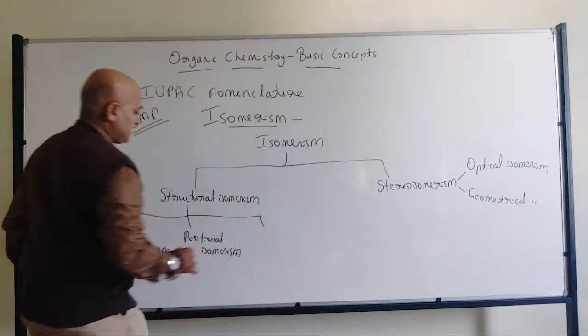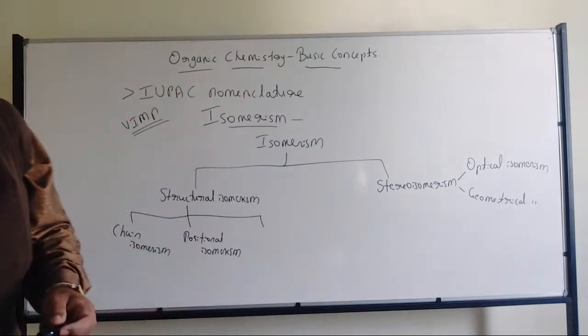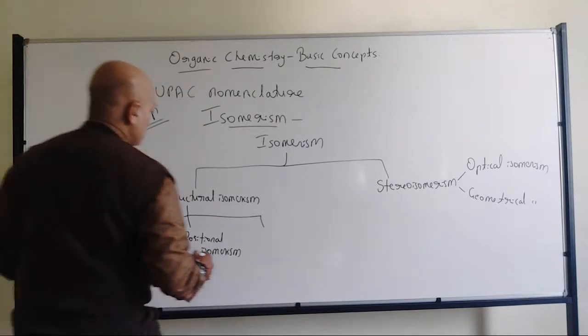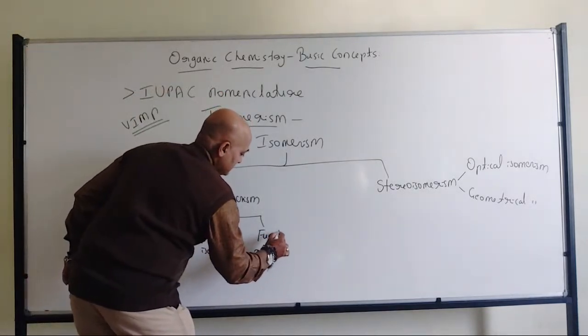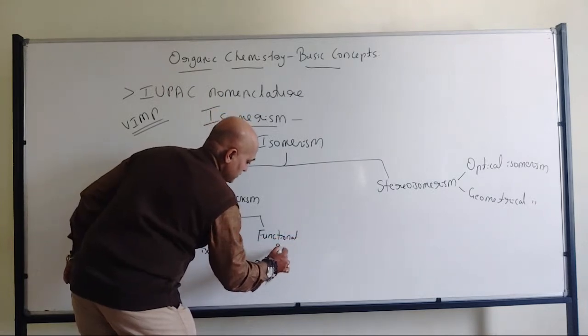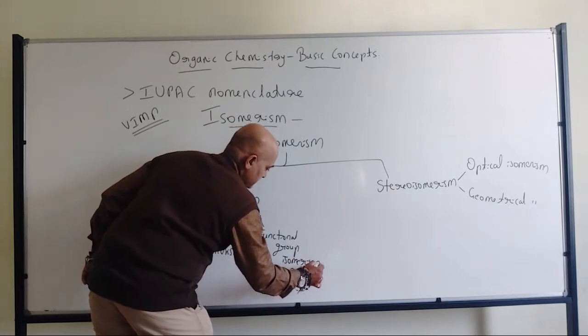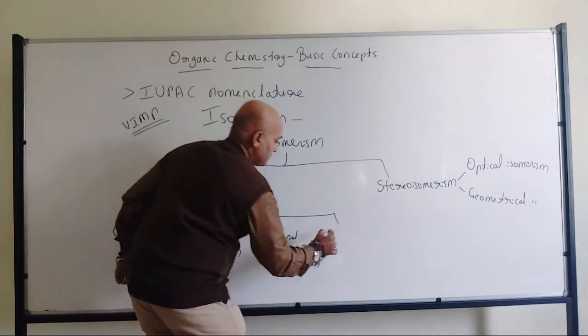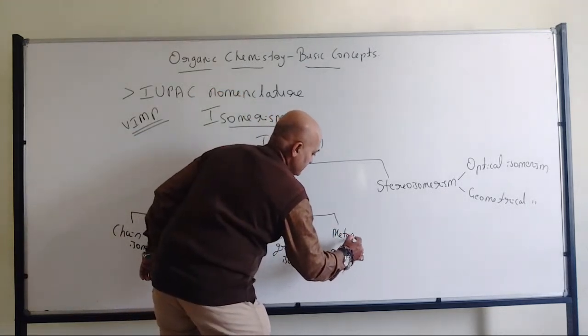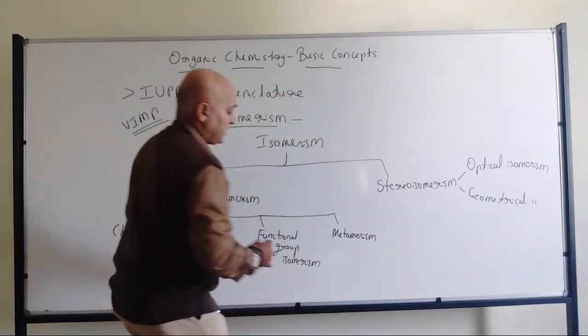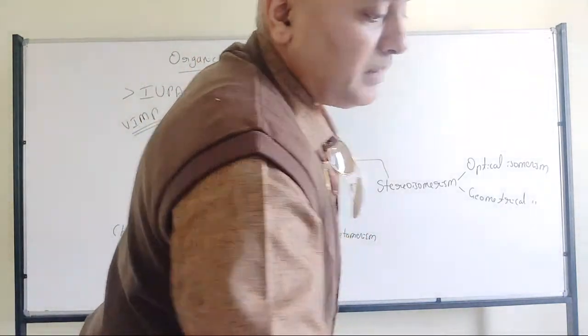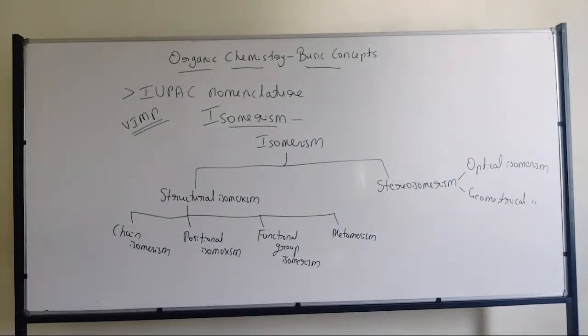Then we have functional group isomerism. And finally we have metamerism. All of you have understood? Chain isomerism, positional isomerism, functional group isomerism, and metamerism.